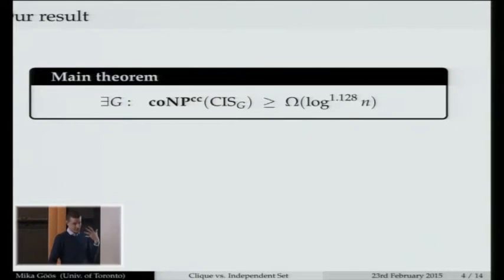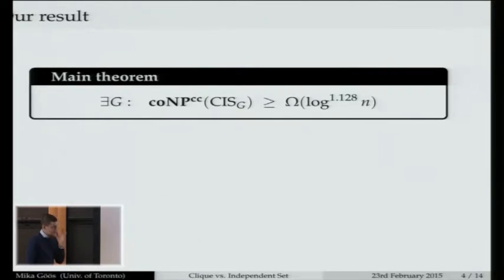Or if I phrase this in the language of the Alon Saks Seymour conjecture, it means there are graphs where the chromatic number grows superpolynomially in the bi-clique partition number.